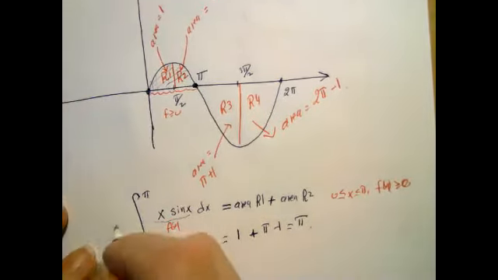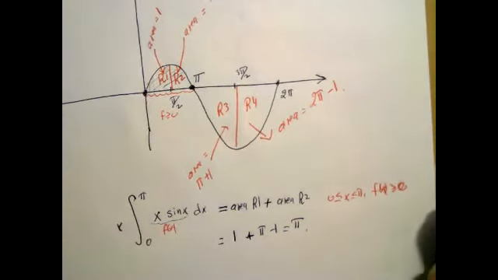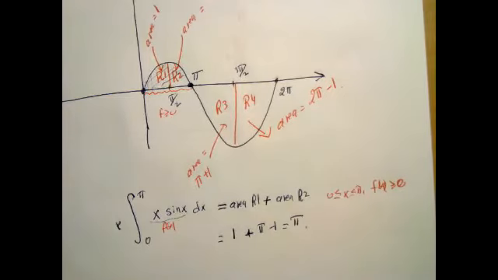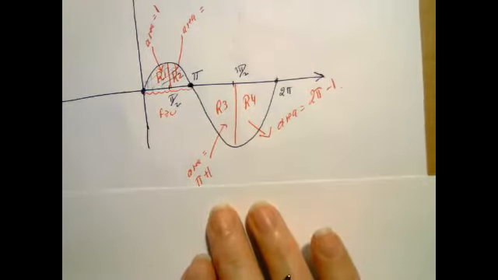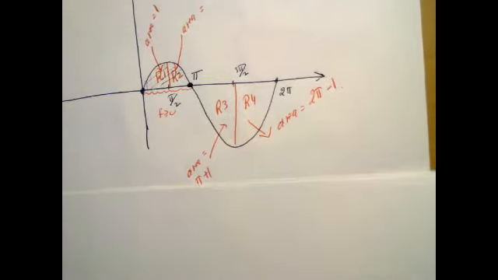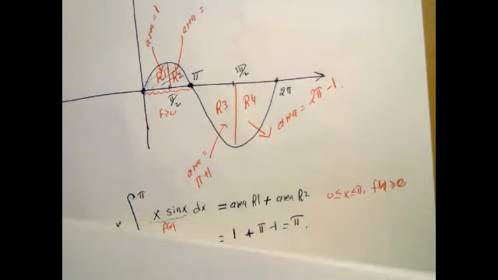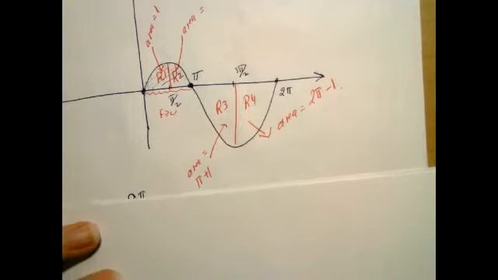Okay. Now, let's do the other one. Integral from 0 to 3 pi over 2. Okay, I want you guys to give me the answer, and then we check it out. So that's the picture. It is in front of you.